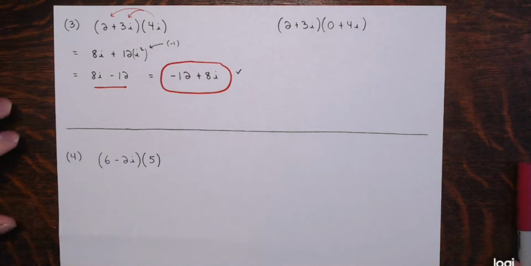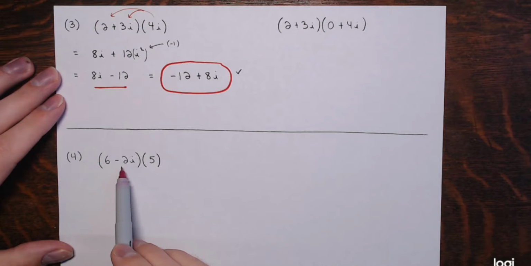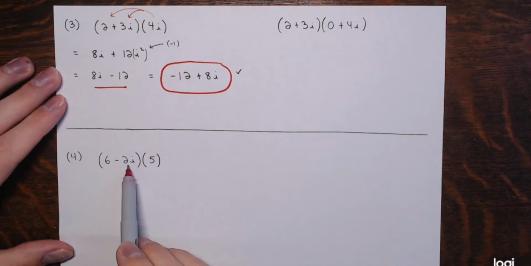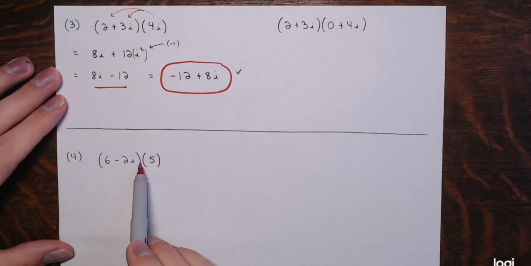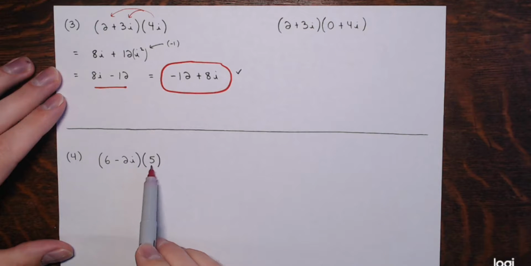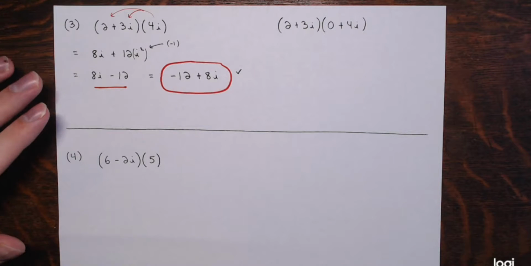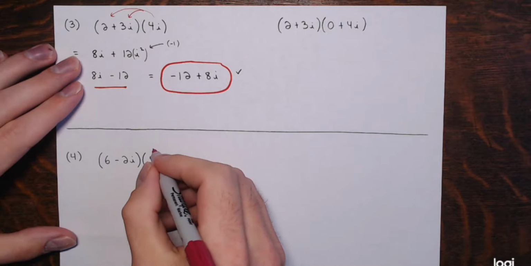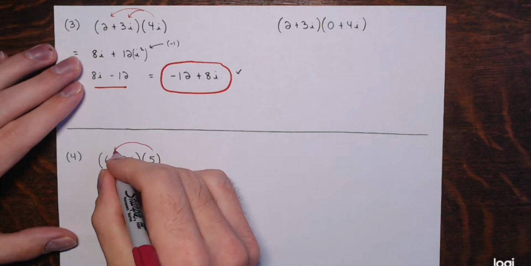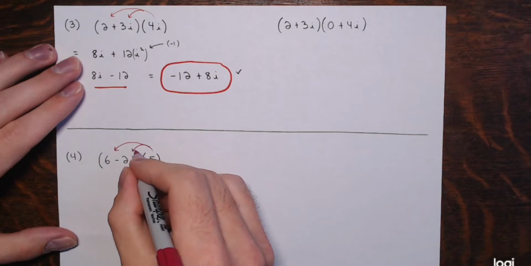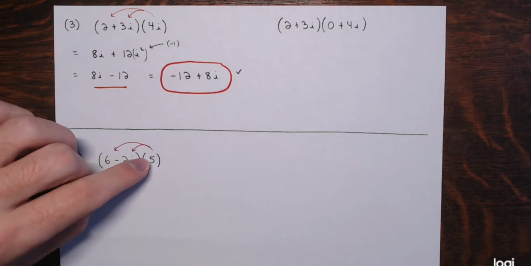All right, so again here we have 6 minus 2i, two terms, a real number and an imaginary number, multiplied by just a real number, 5. Now you could think of 5 as 5 plus 0i, where the imaginary part would be 0, but that would be silly. There's no reason to add 0 to anything. And then just distribute the 5, just one term over the two terms.